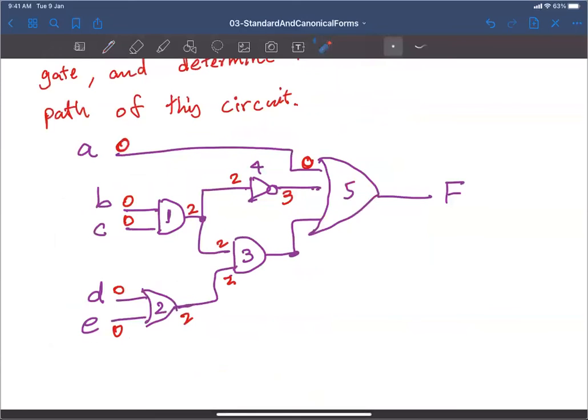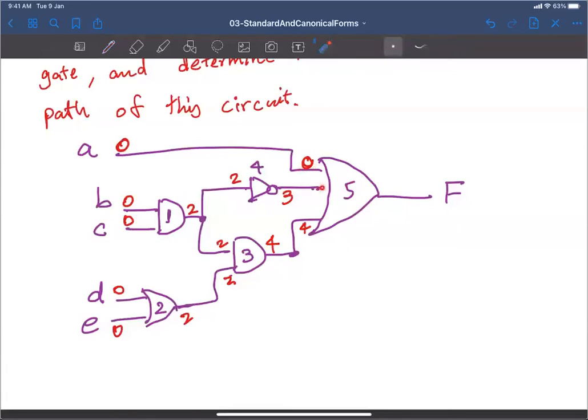The delay up to this point and this point is 2, so they are equal, and we take one of them, which is 2, and add that to the propagation delay of the AND gate. The result will be what? 4, excellent. So this is going to be 4 as well.